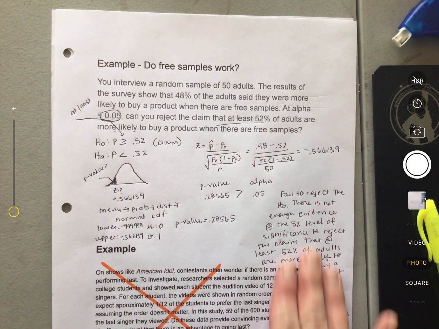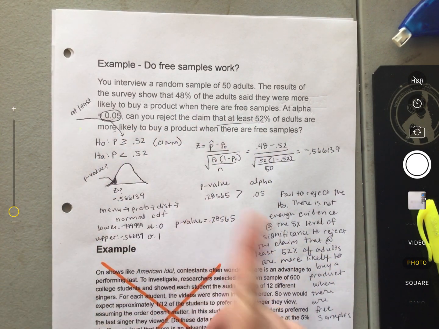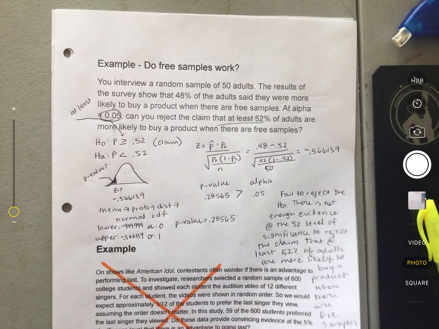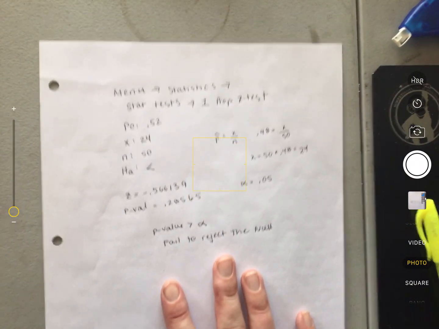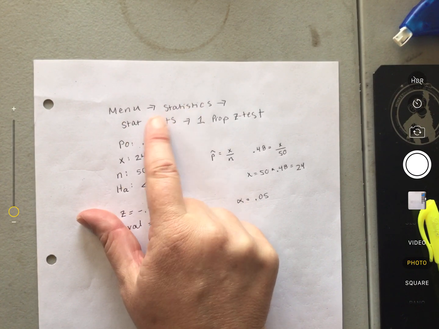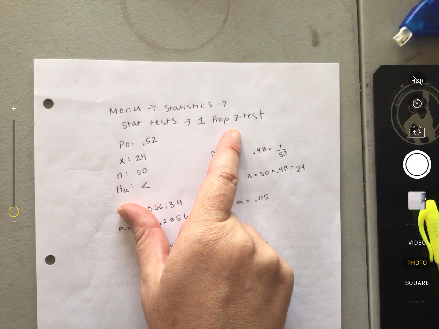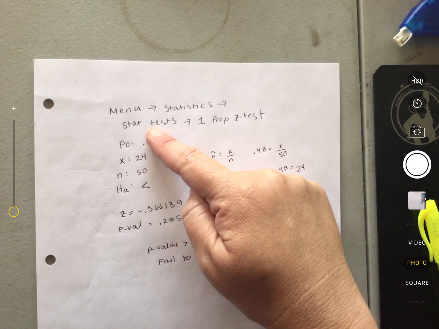I mean, you still have to make your conclusion in your head, but you can do all of this with one command on your calculator. The way you're going to do this is you're going to go to Menu, Statistics, Stat Test, and you're going to go to the one proportion z-test. It asks you 4 different things.